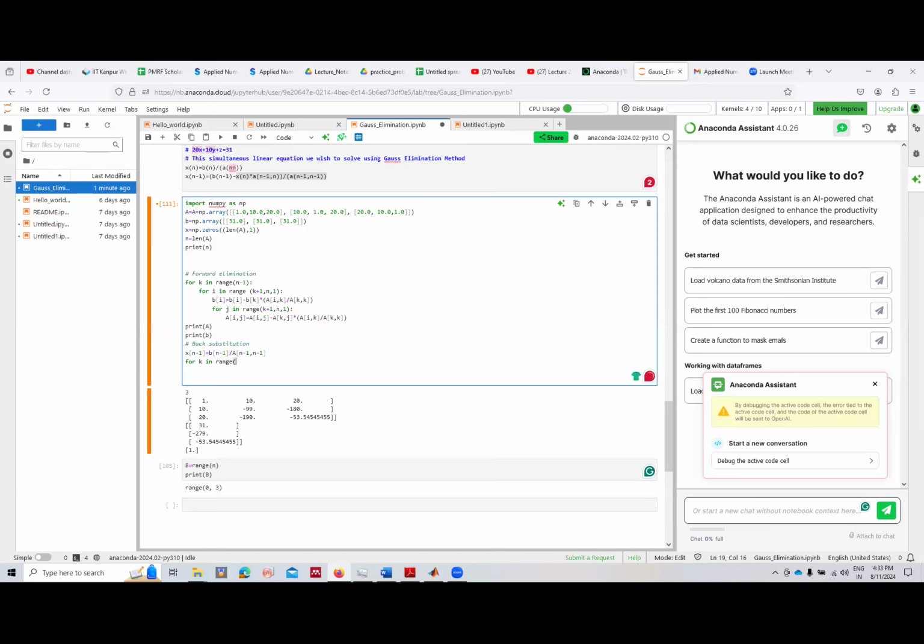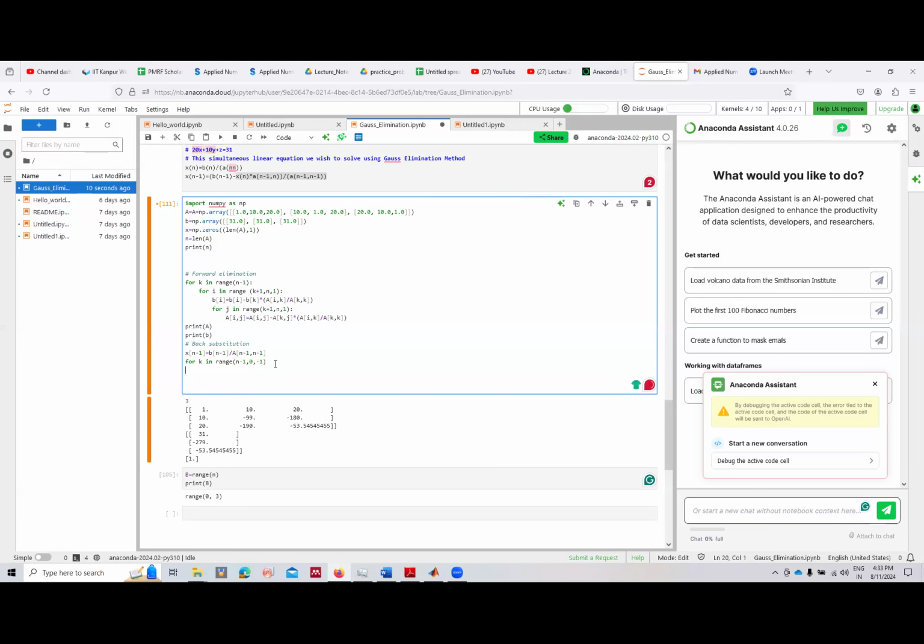It starts from what? It starts from n minus 1. It goes to 1 with minus 1 steps. Okay, no, it will go to 0.